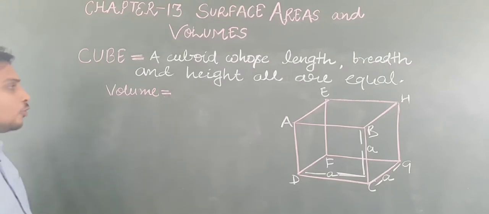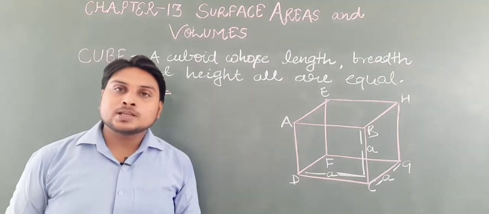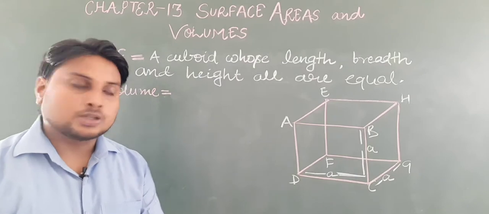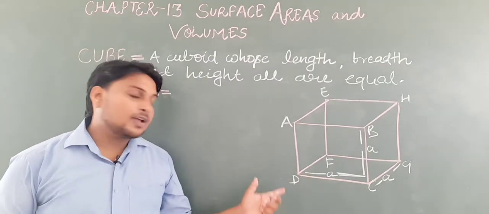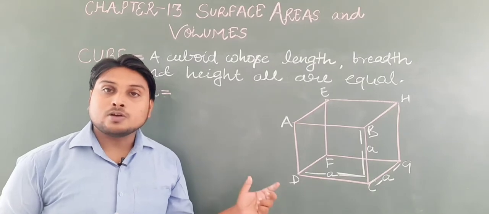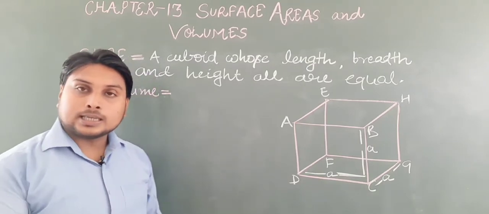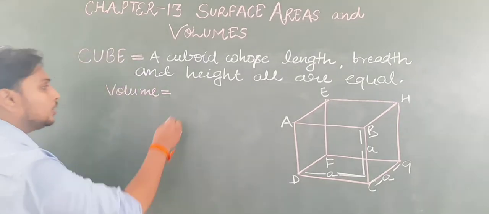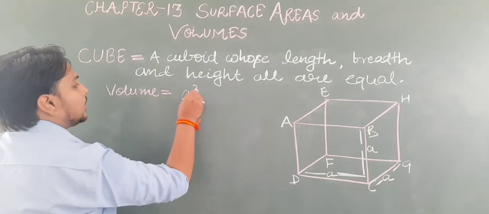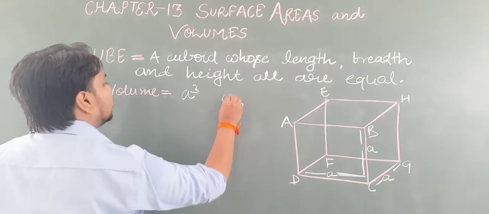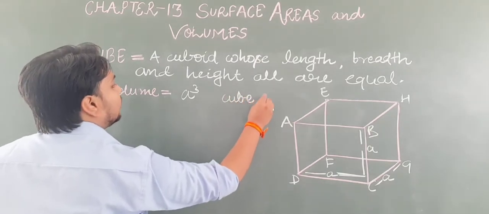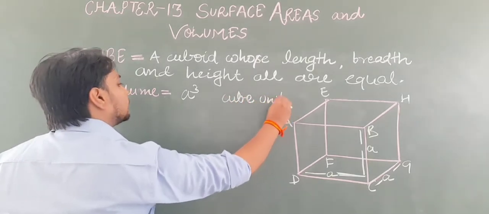In the case of cuboid, we have studied that the volume is L into B into H. Here the value of L is A, the value of B is A, the value of H is A, so that is A into A into A. So the volume is A cube. Volume of the cube is A cube and its unit will be cube unit.